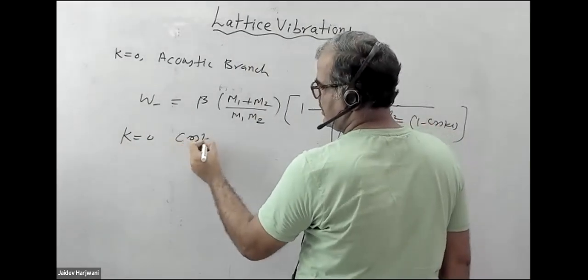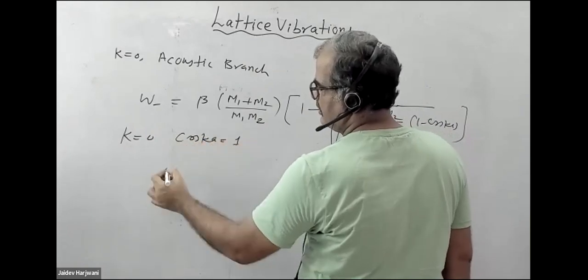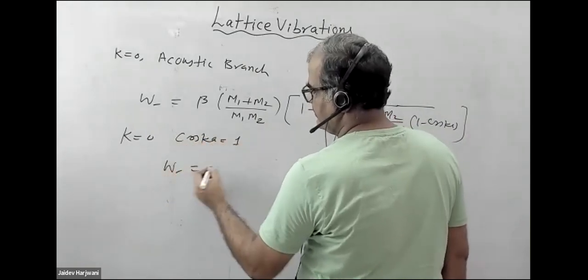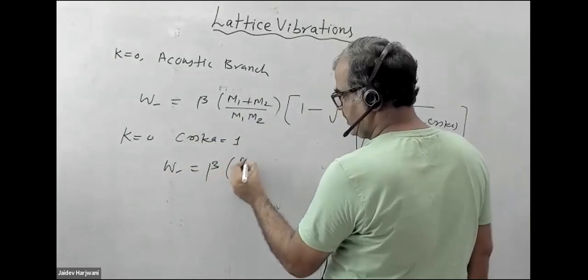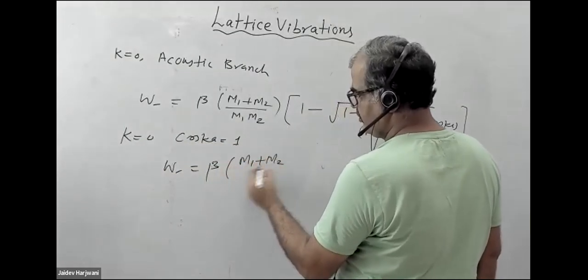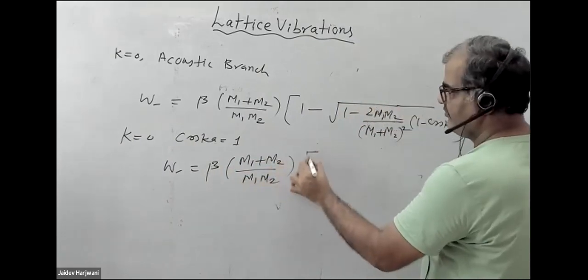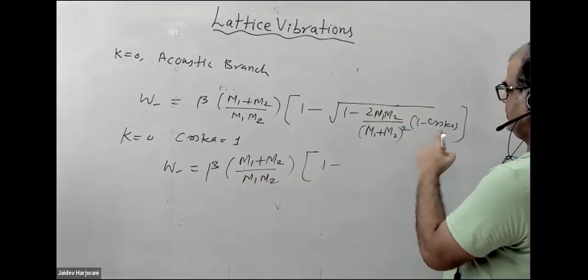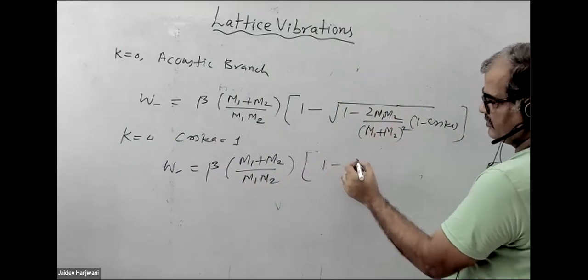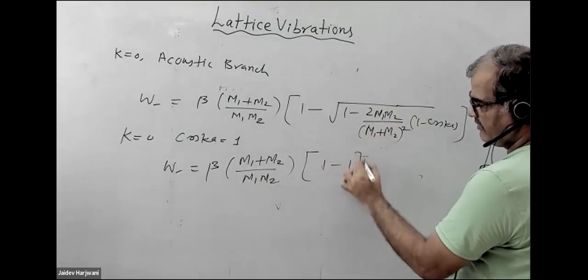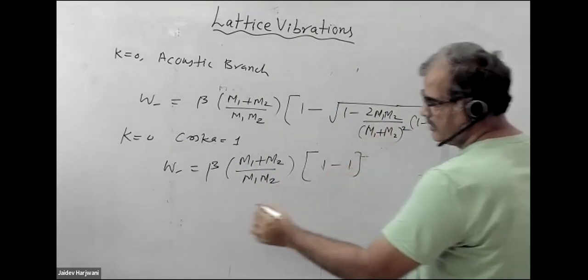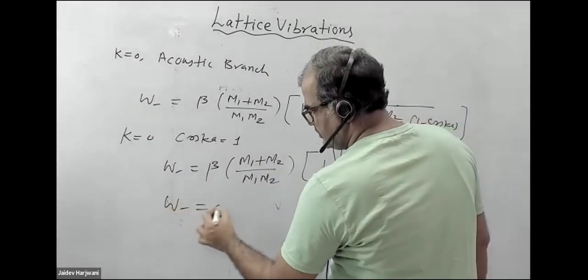Cos ka is equal to 1. So my omega minus will become beta (m1 + m2) over m1 m2, times 1 minus 1, which becomes 0, so the whole becomes 0, so under root 1 is 1, so this becomes 0. So my omega minus is equal to 0.